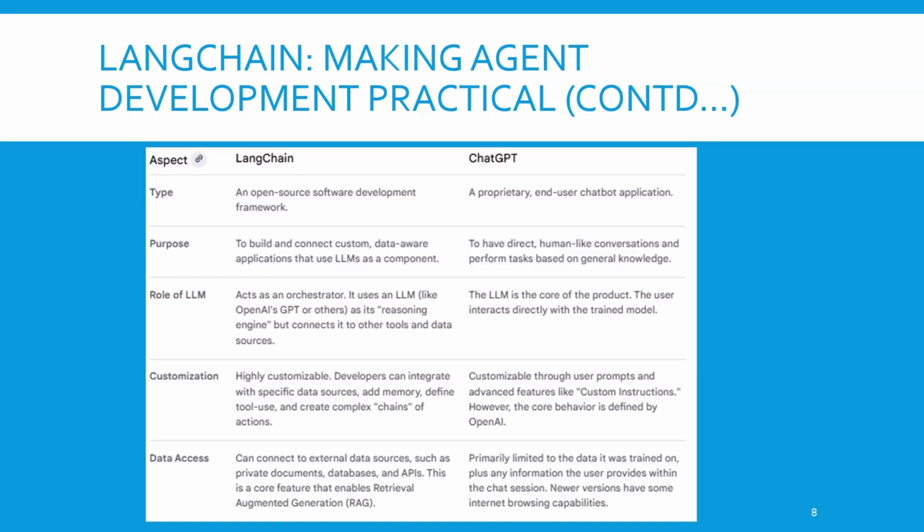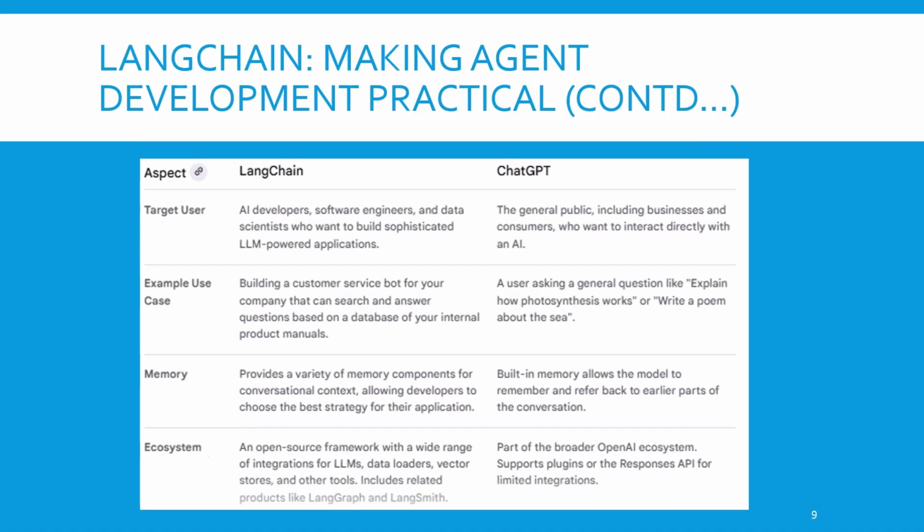I think it's limited to data that it was trained on, plus whatever information that the user provides within the chat session. So, if you provide certain information, that information may be used within the chat, but after the chat that information would be lost. So, that is the difference. And newer versions though have internet browsing capabilities for ChatGPT.